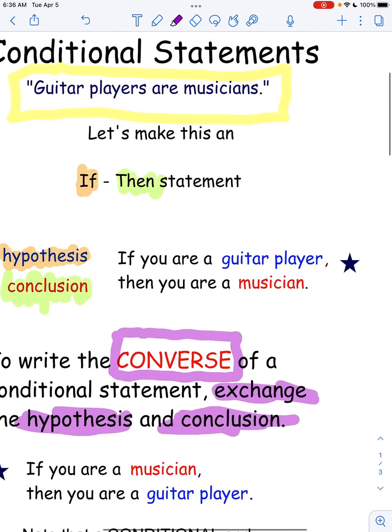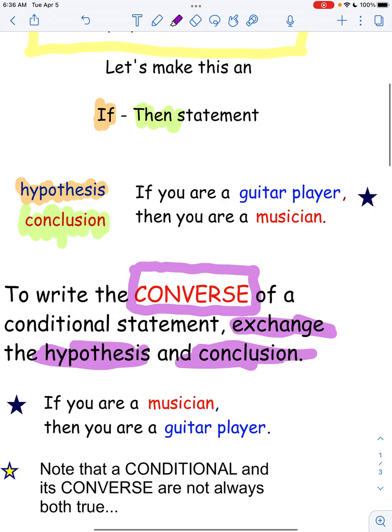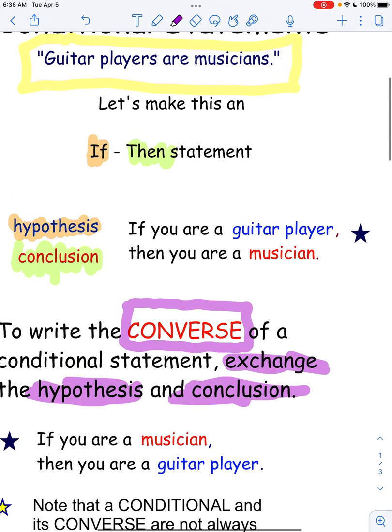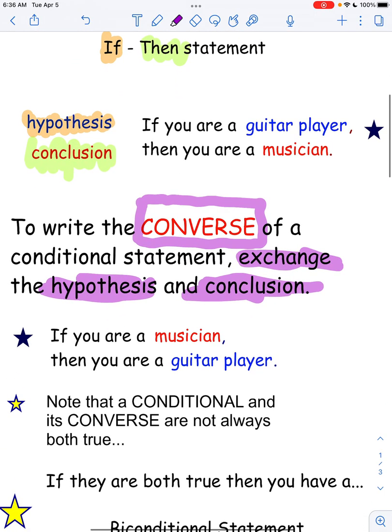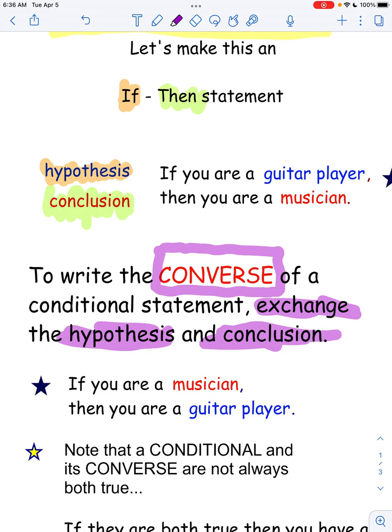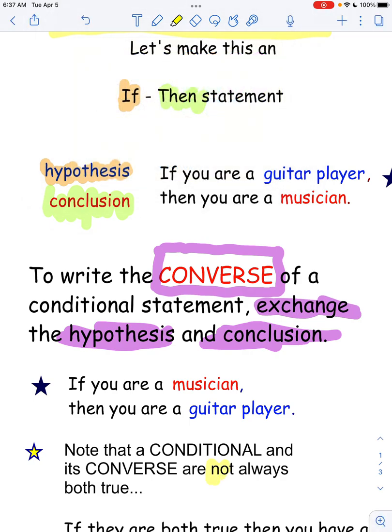So if I were to take my statement, if you are a guitar player, then you are a musician, and I flip-flop it, if you are a musician, then you are a guitar player. So now note that if we think about that, that's not always true, okay? So the conditional and the converse are not always both true.